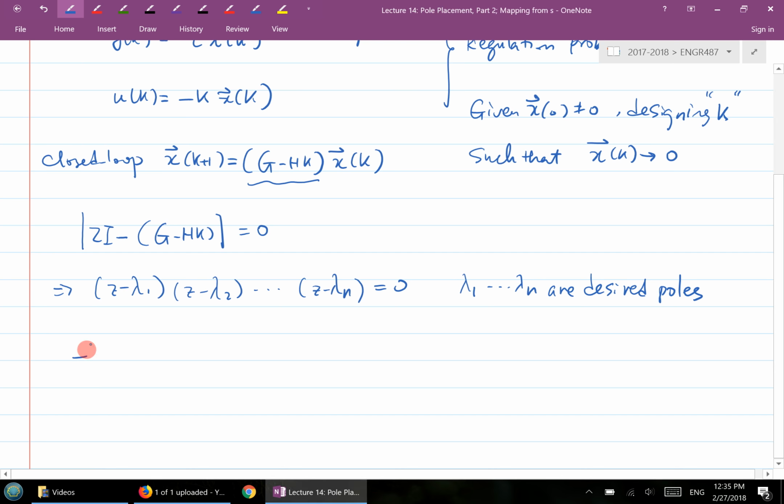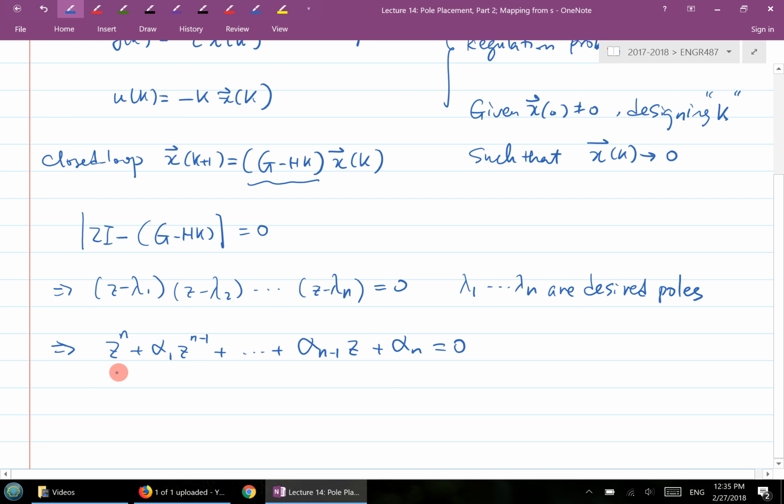You can expand these factors and end up with an order n polynomial. The coefficients of the polynomial are definitely related to the values of the eigenvalues, or the desired pole set.